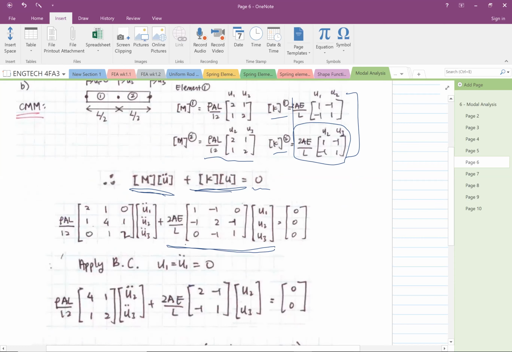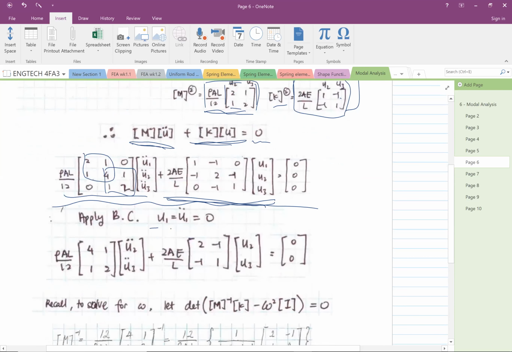I hope by now you understand this term. Very easy, you just put two matrices together. Don't let it scare you. You assemble your global matrix: you put this term in right here, and then you put another term right here. That's your global system.